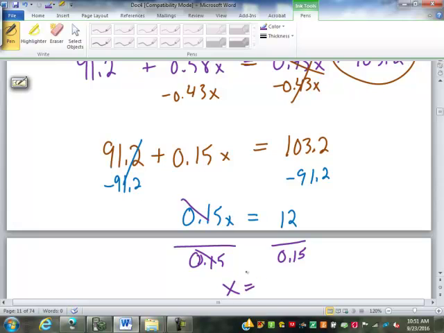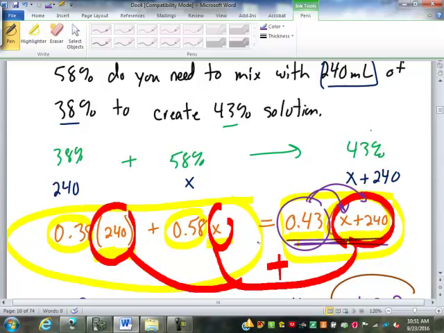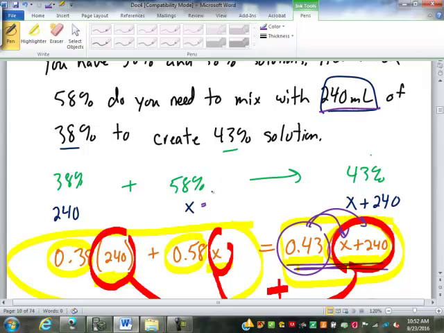X equals, what was that, 80? So you go up here, x is the amount of the 58%, and the units are milliliters, so that's 80 milliliters of the 58%.